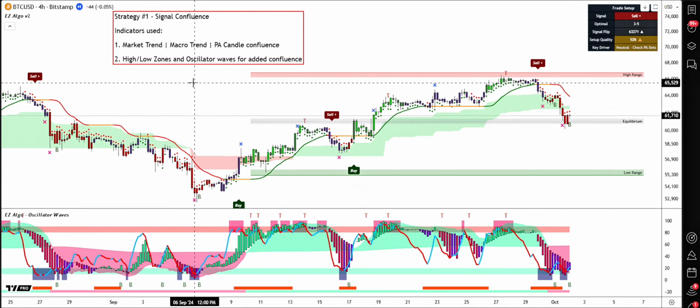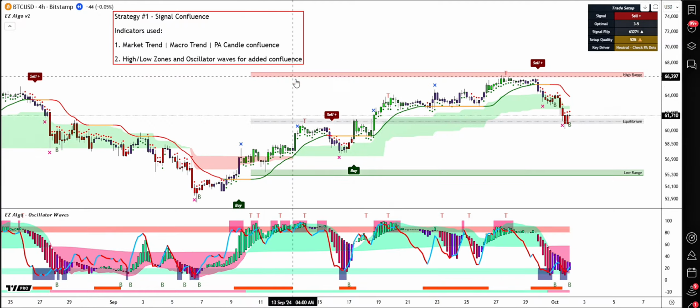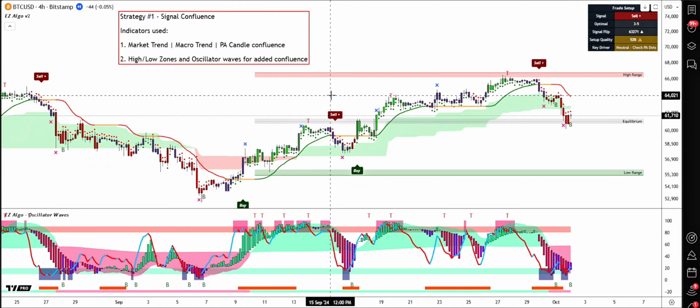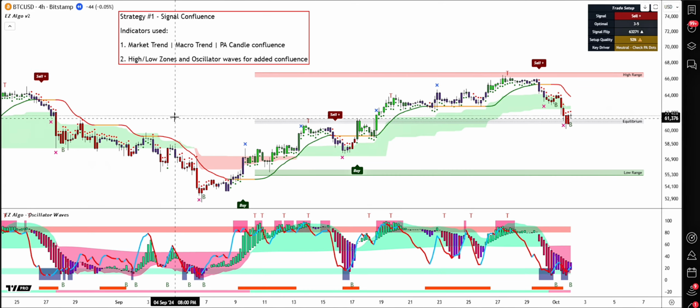So one of the first strategies that we can use is just signal confluence. So of course our signals in the script is going to tell us the overall trend direction, but we can take it a step further and verify with a few different indicators of the likelihood or how strong that trend direction is, right? So for this strategy, all it is just basic signal confluence using a few different indicators inside V2.